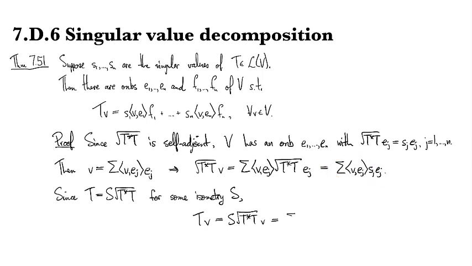And again, since it's linear, we can pull all of the scalars out front, and it'll just go through and act on the vector at the back of that sum. And so this is s_j, and then the projection onto e_j. And then since S is an isometry, it's going to map one orthonormal basis to another.